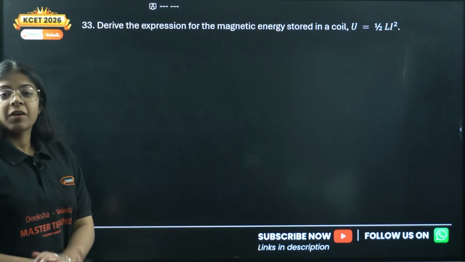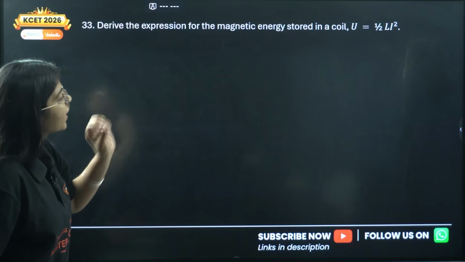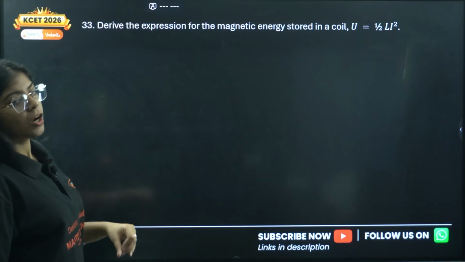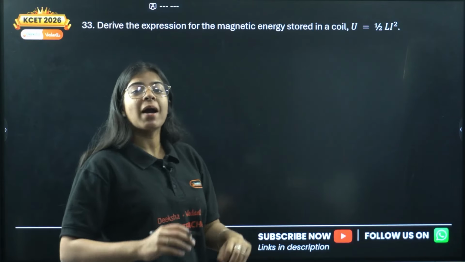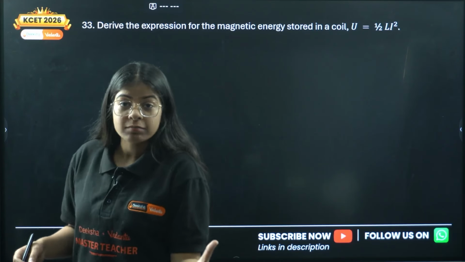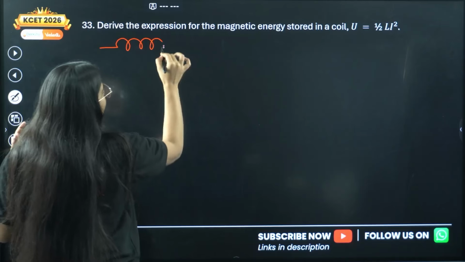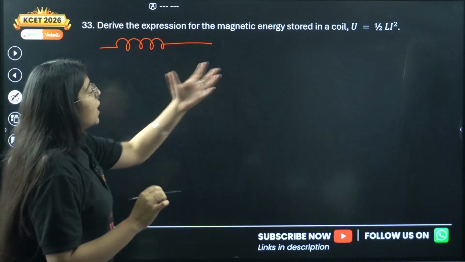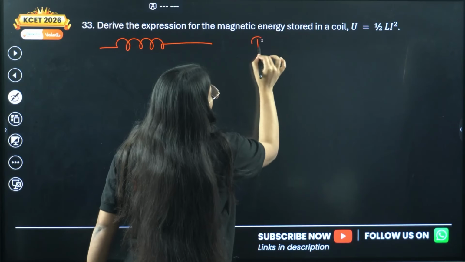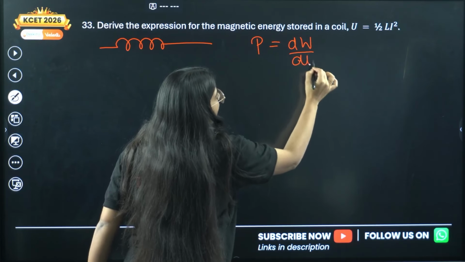Okay, now for the 33rd question, let's see: derive the expression for the magnetic energy stored in a coil. So we want to calculate magnetic energy. Now magnetic energy we can calculate from the work done. Correct? Now if this is my coil, we need to calculate energy. So can I write power P equals the rate of change of work?